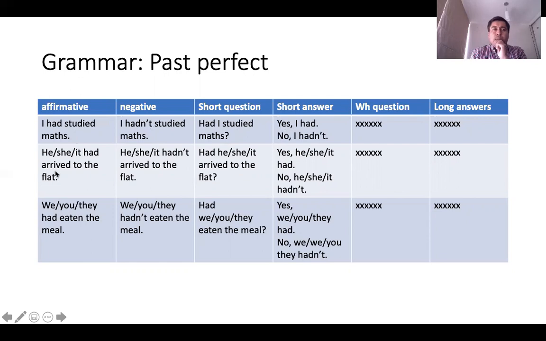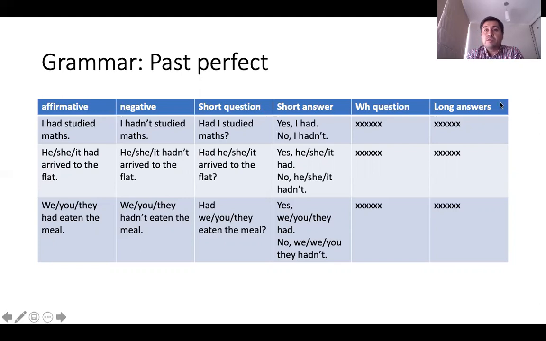Now, the questions and answers here are grammatically correct, but as I told you before, the past perfect is used to express an action that happened before another action in the past. So it depends on the context when you're using it, right?